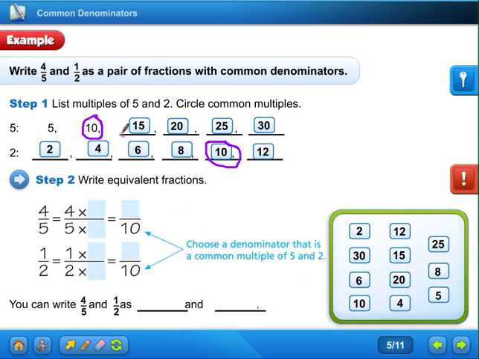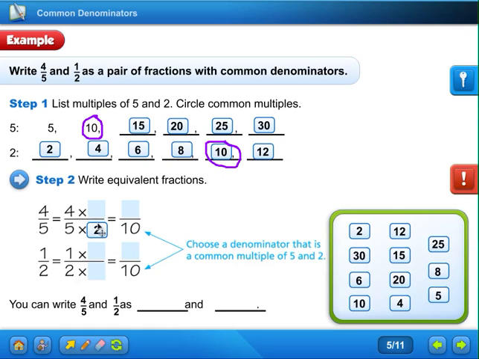So we chose 10. Those were the numbers we circled. That is where that 10 came from. So now you have to think 5 times what equals 10? 5 times 2 equals 10.